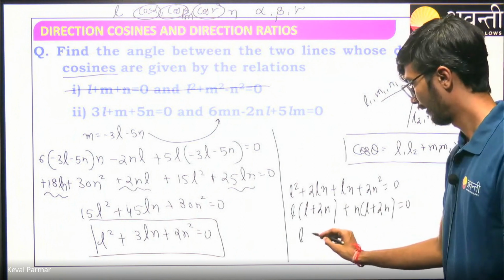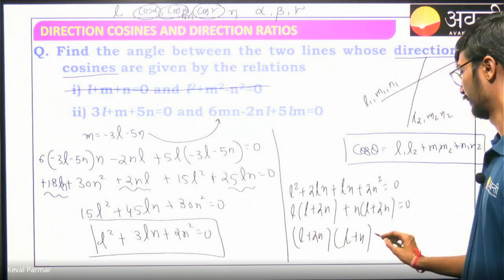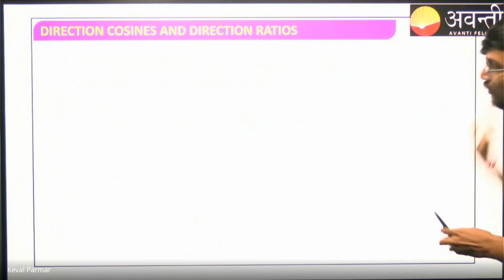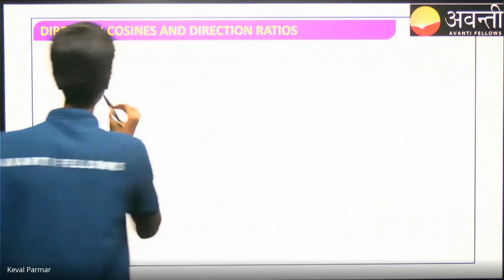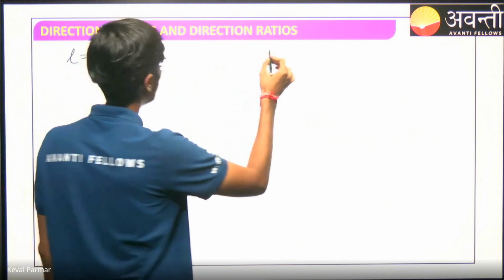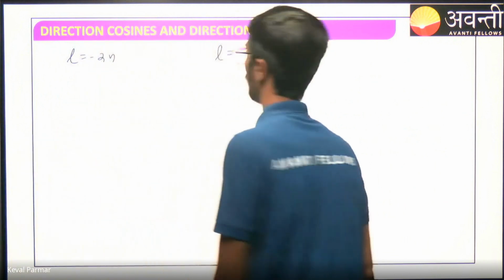So I got (L plus 2n) into (L plus n) equals 0. So I got two things. Let me write it here. L equals minus 2n and L equals minus n. Correct?